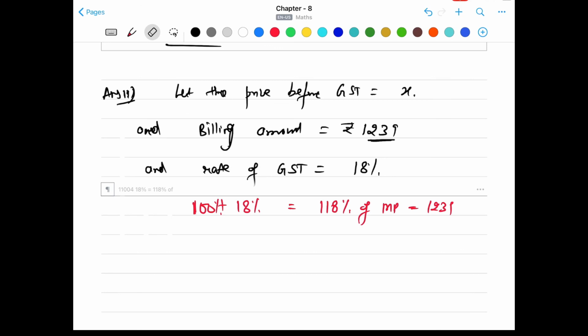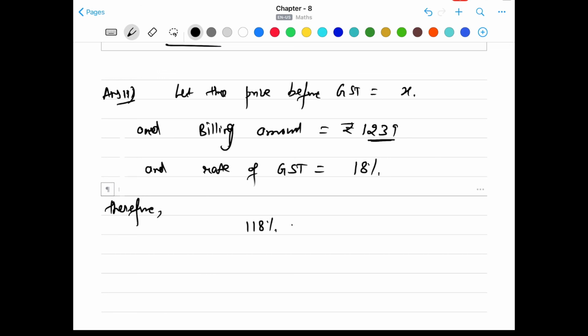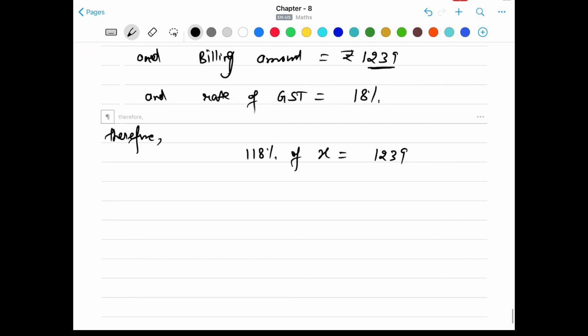So we can solve this as, therefore 118% of marked price, which is x, is equal to 1239 rupees. So x equals, here we have 118, when you remove the percentage you will get 100 here, into x will be equal to 1239.